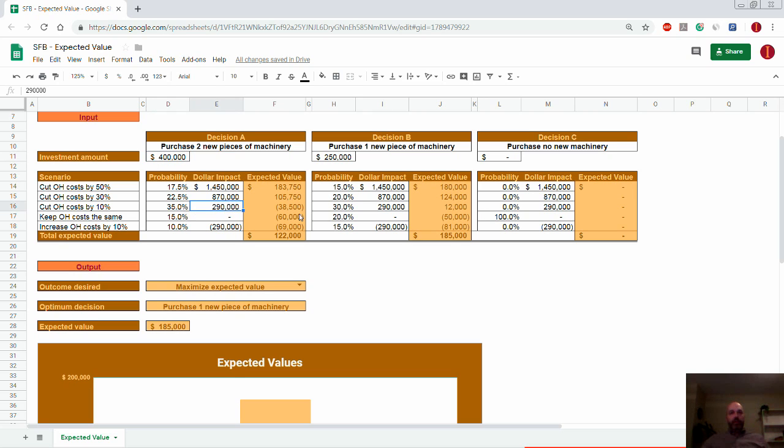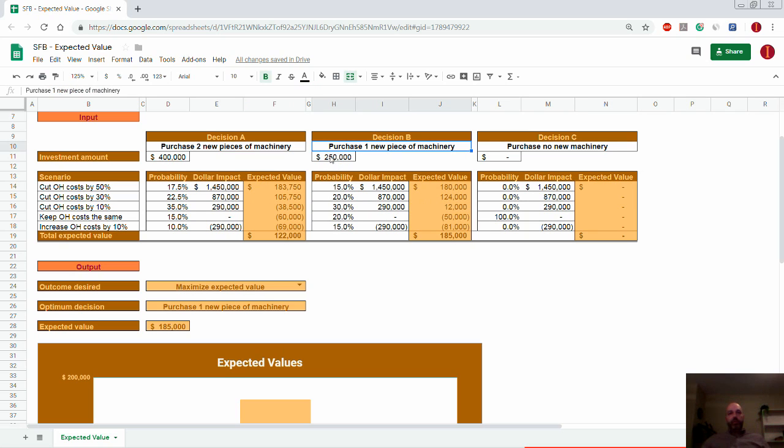So it's 290,000 to come up with this amount here. 290,000 minus 400,000 times 0.35 gives you the 38,500 negative expected value, okay? So it does the same thing here.